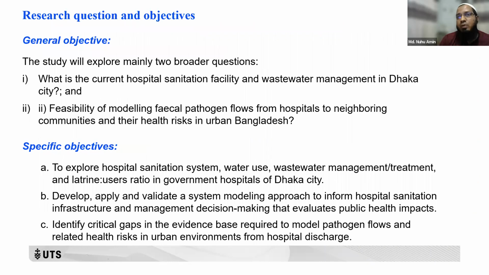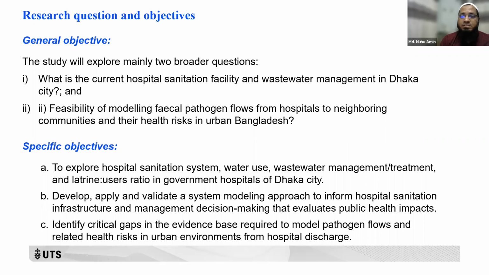To have a better understanding, we have set up some research questions and objectives. We want to explore the current hospital sanitation facilities and wastewater management in Dhaka city, and the feasibility of modeling fecal pathogen flows from hospitals to neighboring communities and their health risks in urban Bangladesh.